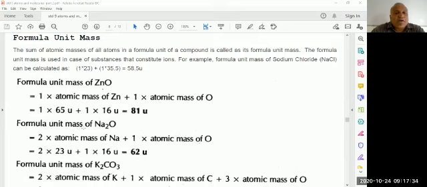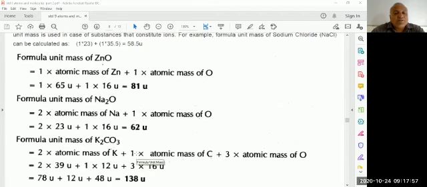Formula unit mass of Na2O, meaning sodium oxide. 2 atoms of sodium, see here Na2. So 2 atoms of sodium and 1 atom of oxygen. Atomic mass of sodium 23, atomic mass of oxygen 16. So 23 twos are 46 plus 16, 62 unit.